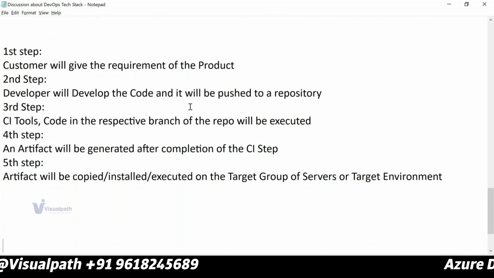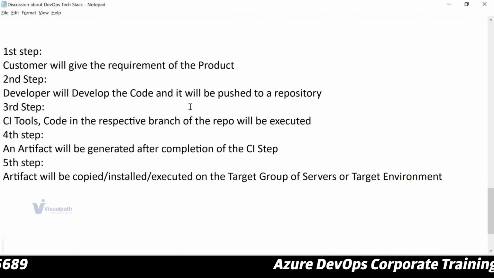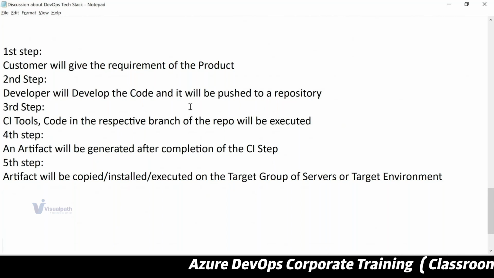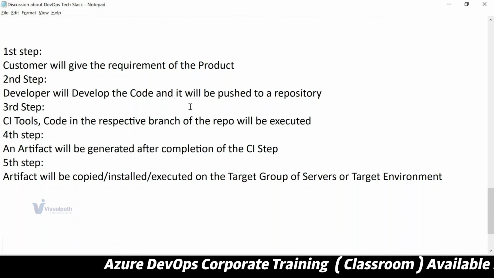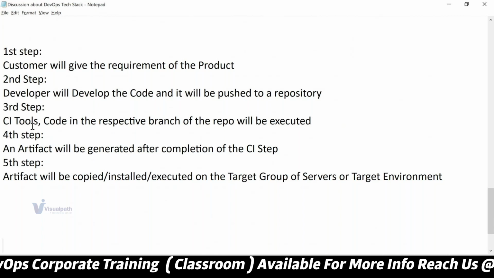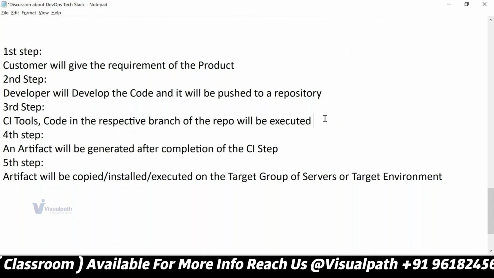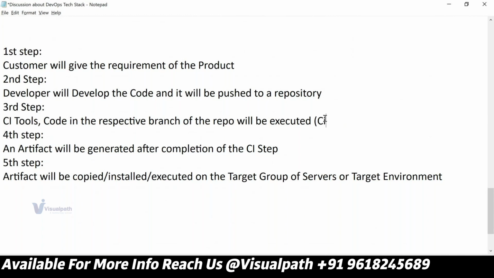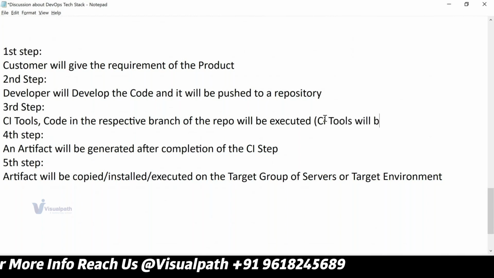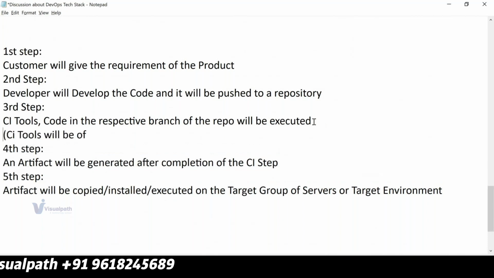But, Manikanta, at the fourth step, without build tools we cannot generate any artifact, right? Yes, without build tools you cannot generate. That's why CI tools will be of two types basically.